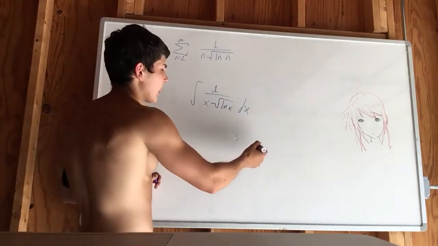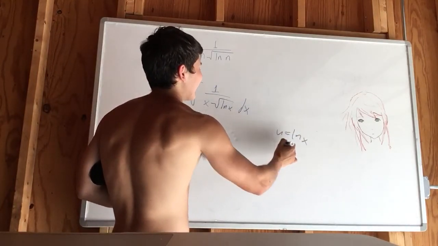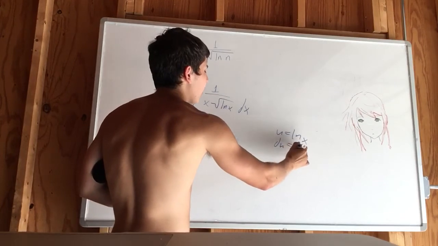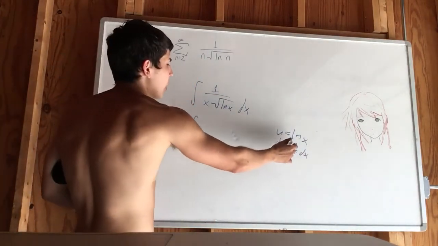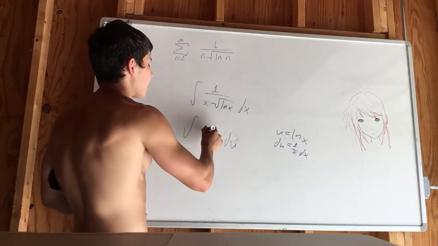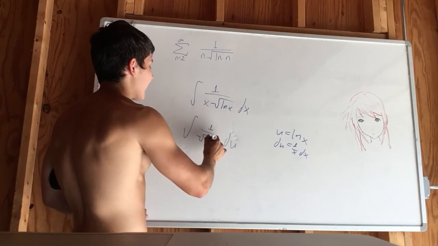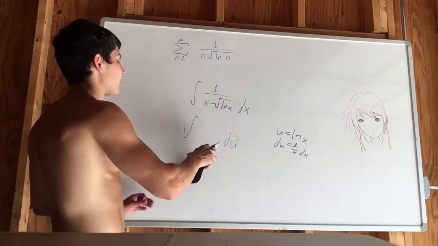And if you remember how to solve this, we take u equals natural log of x, du equals 1 over x dx. Now we can make that substitution, so we get du, and we're left with u to the power of negative 1/2.